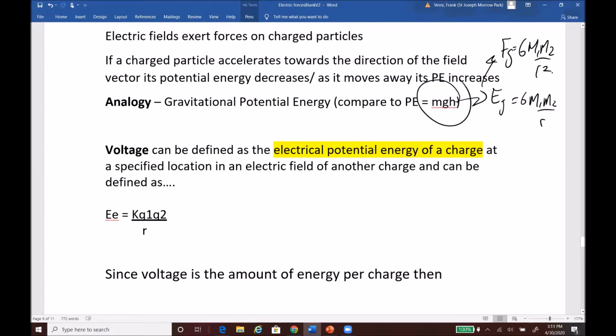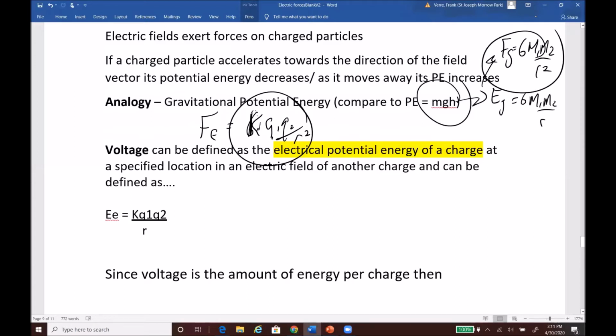And when we started doing calculations in this unit, we looked at the electric force due to Coulomb's law, which was k Q1 Q2 over r squared. If I compare these two equations, you'll notice they're the same form.